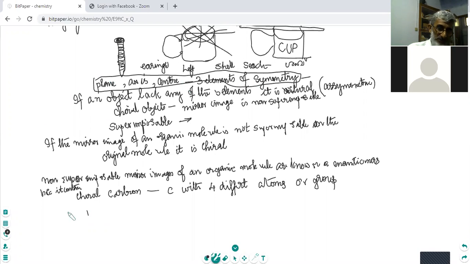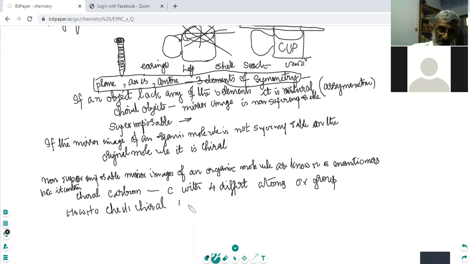Okay. So how to check chirality? How to check whether a compound is chiral or non-chiral? Asymmetric or symmetric? Chiral.